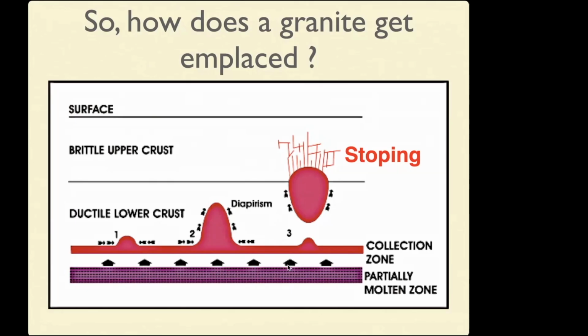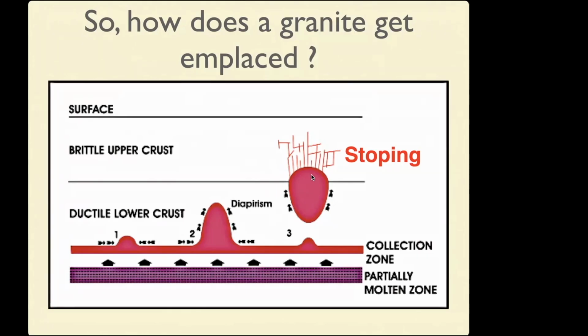Low density granitic magma will come up and basically collect together in areas which will then, because the lower crust is ductile, begin to form a diapir and rise through that part of the crust. But the upper crust isn't like that at all.